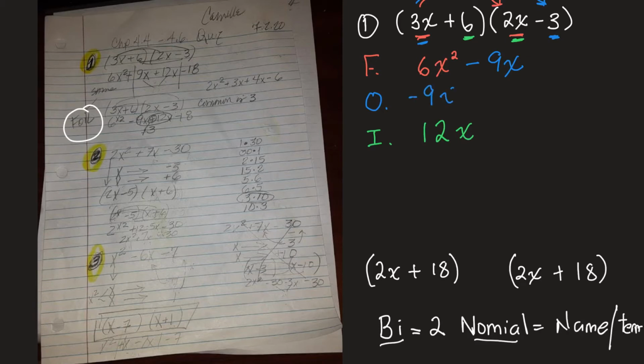Negative 9x. All right. And then you have your L, which is for the last. So I'm sorry, let me go back and multiply 6 times the 2x. And then I multiply the 6 also times the negative 3. So 6 times negative 3 is just negative 18.